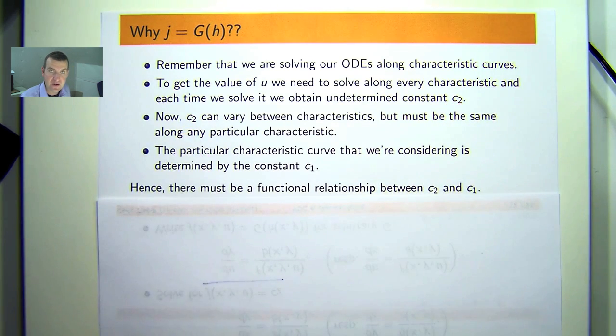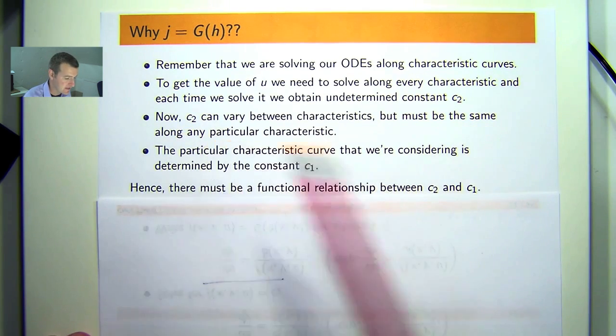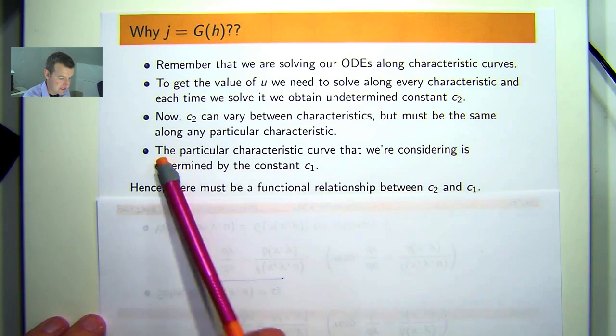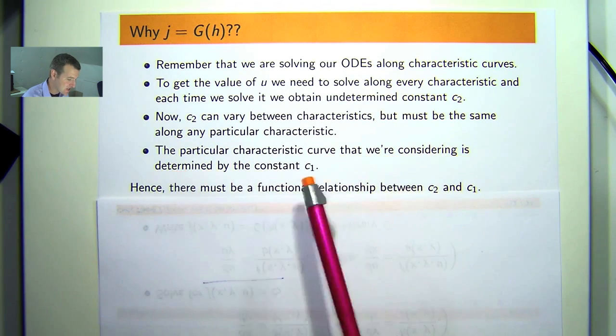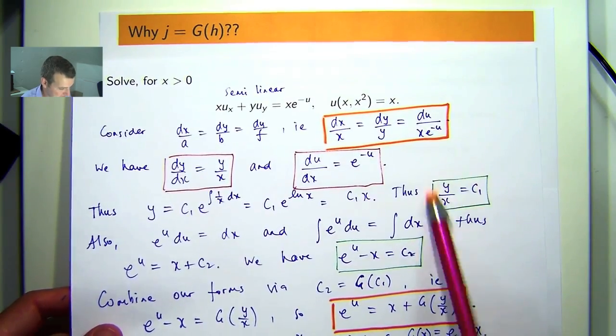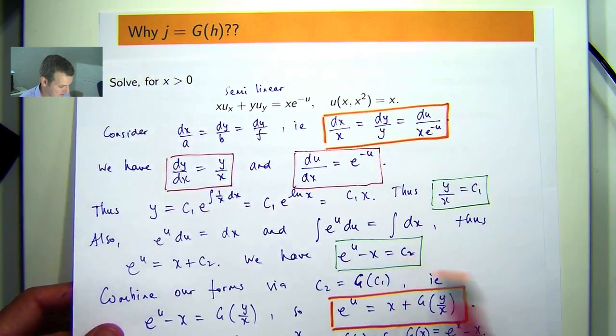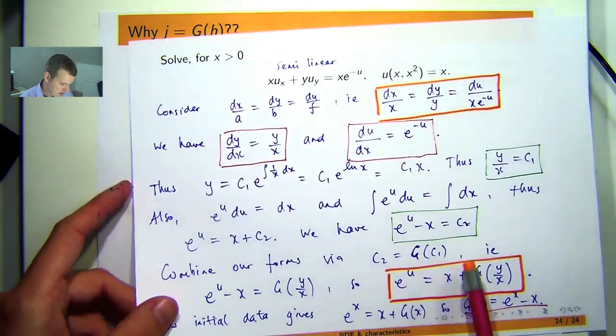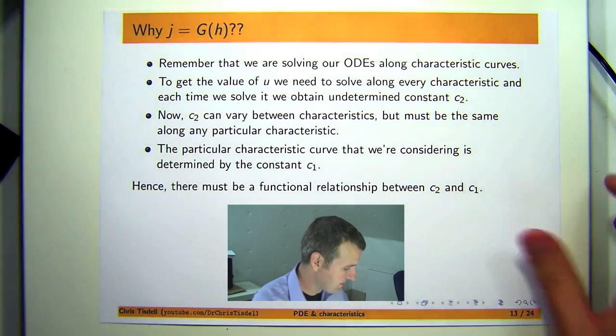Now C2 can vary between characteristics, but it must be the same along any particular characteristic curve. And the particular characteristic curve that we're considering is determined by the constant C1. So for example, for a certain C1, this would be a characteristic curve, and you would go through and get your C2. Hence, there must be a relationship between C2 and C1. And this is why you can combine like this. So that's the method of characteristics.